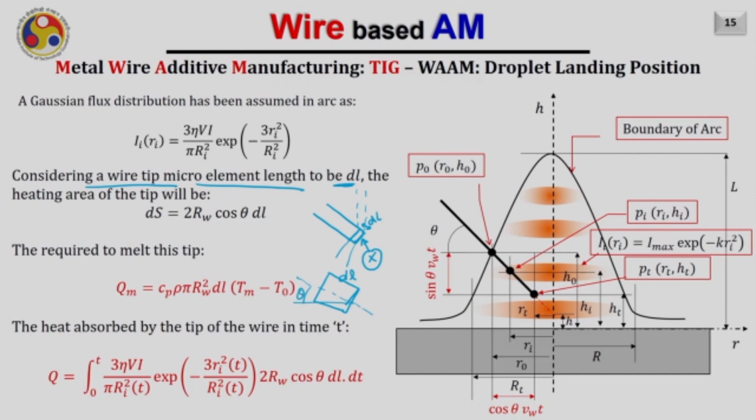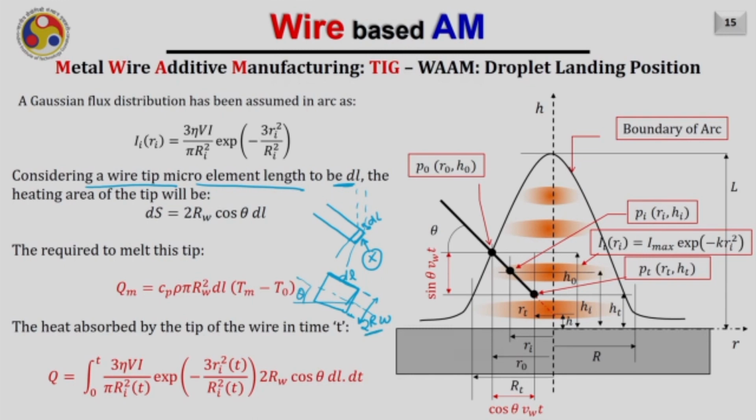In that case the surface area from which the energy can enter into it will be nothing but the projected area. So it can be easily calculated, because we know that this distance from here to here is 2 Rw, twice the radius of the wire.